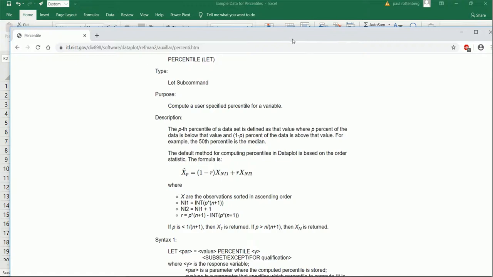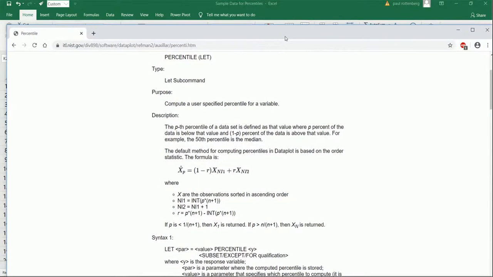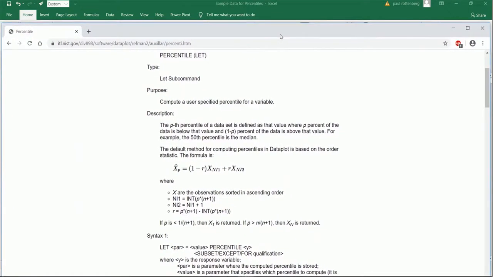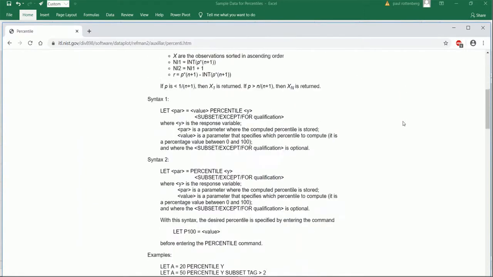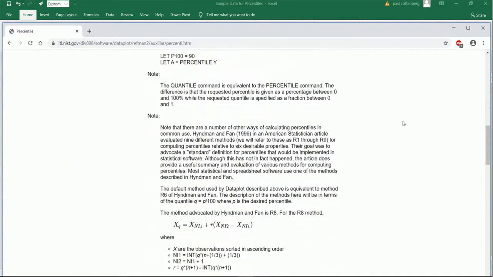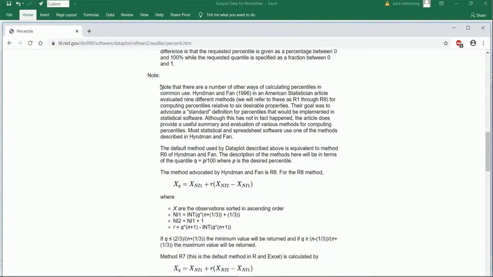Okay, so essentially NIST is saying the same thing that Wikipedia is saying as far as its first explanation or definition. Now, if you scroll down here, there's a little note, and it says that there are a number of other ways of calculating percentiles in common use. Hyndman and Fan in 1996, in an American Statistician article, evaluated 9 different methods. We'll refer to these as R1 through R9 for computing percentiles, and so forth and so on.